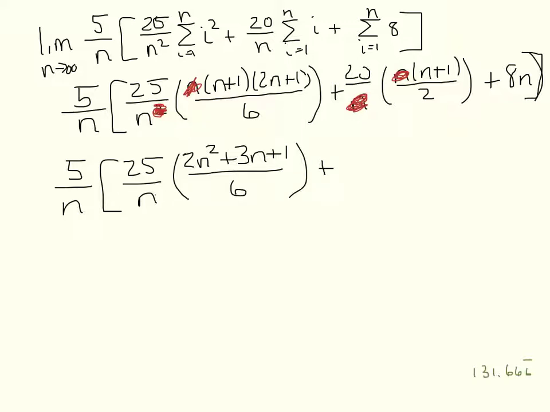So that's that. Then I got 20 times, and actually, you know what? Let me get rid of that 20. Let's cancel the 20 and the 2 and make that a 10. So that would be a 10n plus 10, plus the 8n at the end.